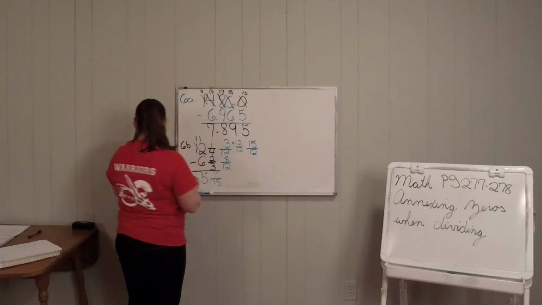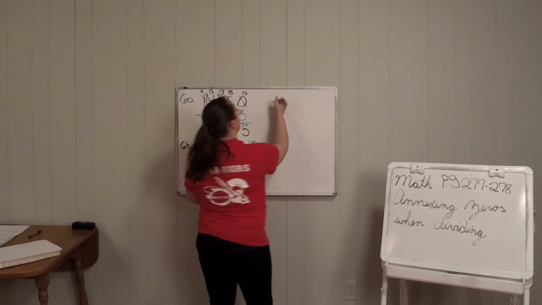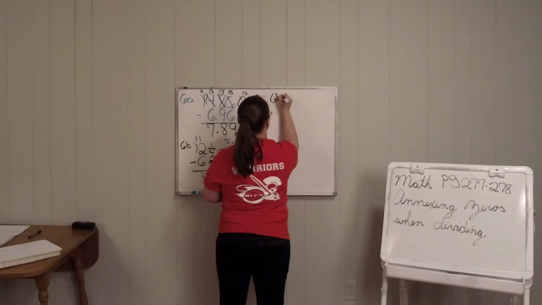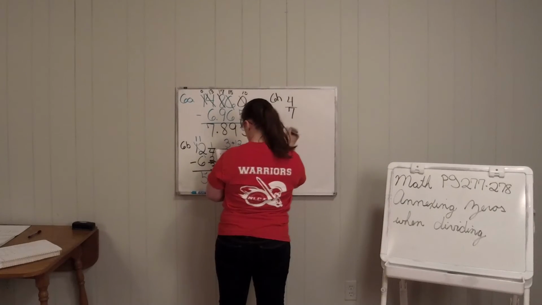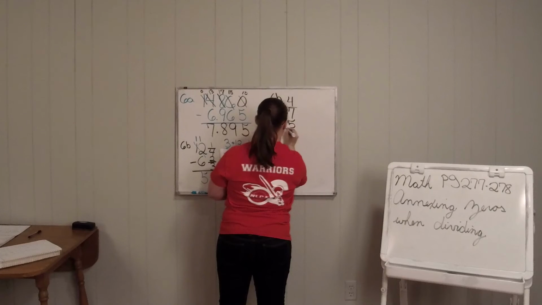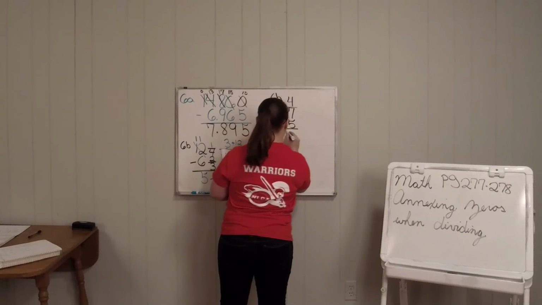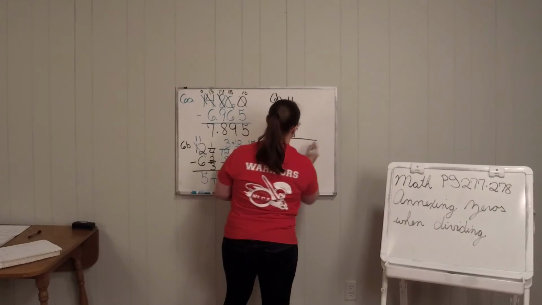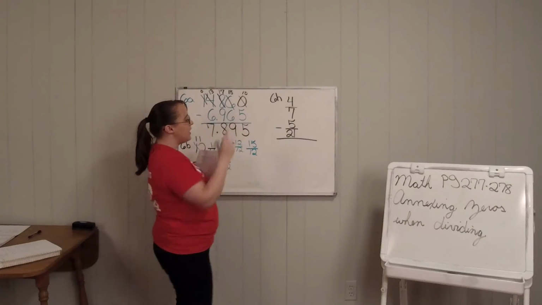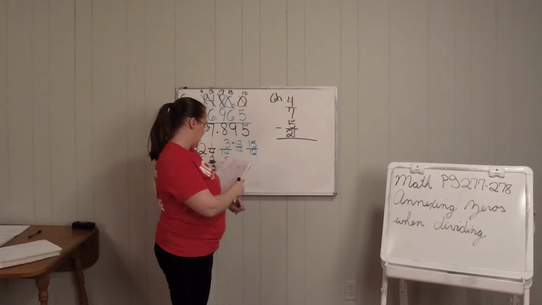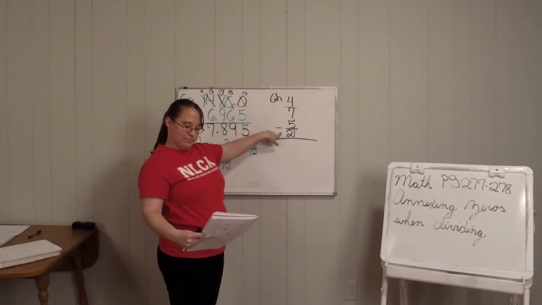And let's look at 6H. Now we know we can't do this, they're not both the same, but we only have 2. Does anything times 7 equal 21?